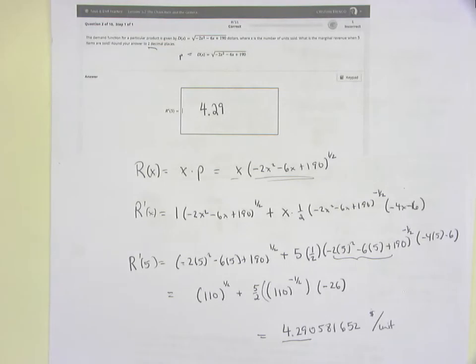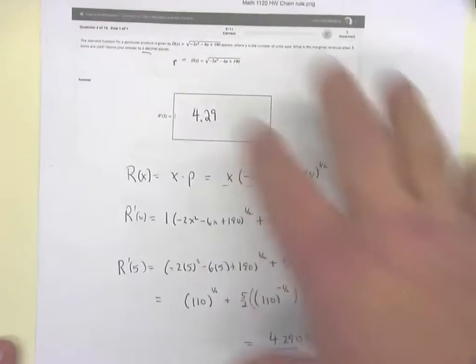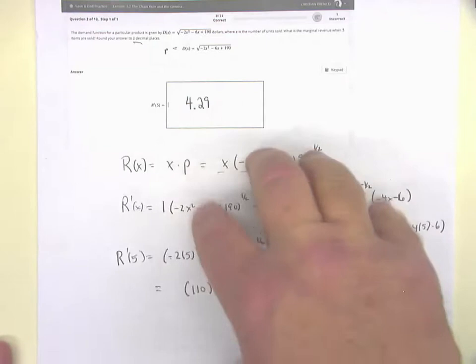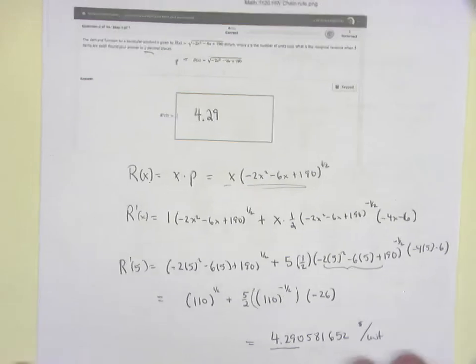All right, so if you haven't certified in 3.2 yet, please do so on that chain rule stuff, but notice, we're still doing problems of business. Profit, revenue, cost. Revenue equals X times price, X times demand. Profit is revenue minus cost, so forth and so on. Okay?